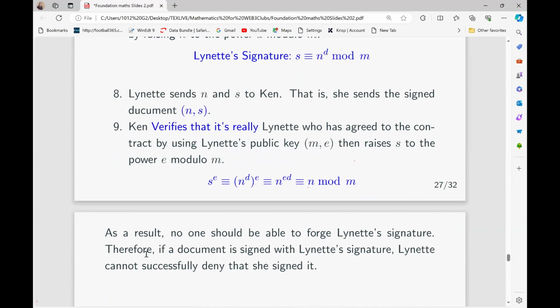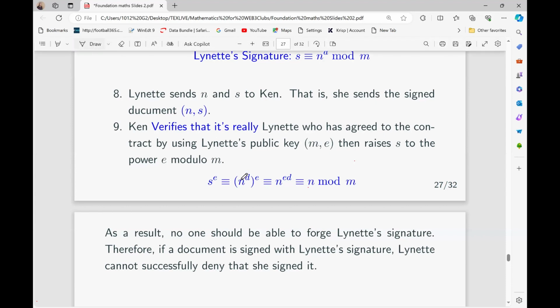So when Lynette signs it, there is no way she can deny that she's the one who signed it, because only she knows the secret key, which is D. Only she knows.